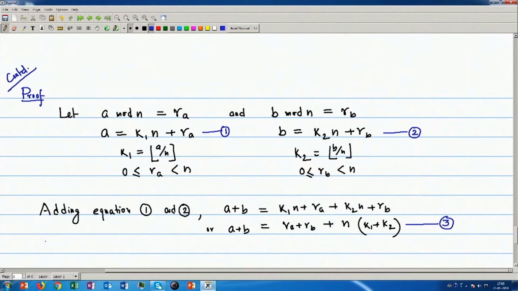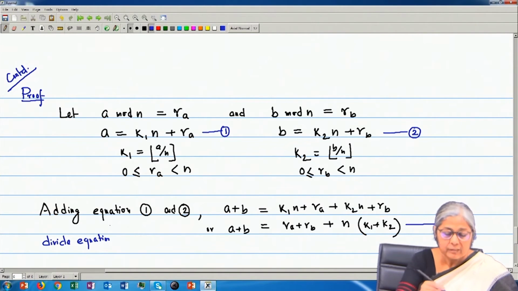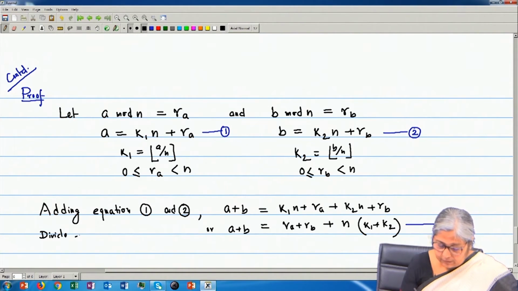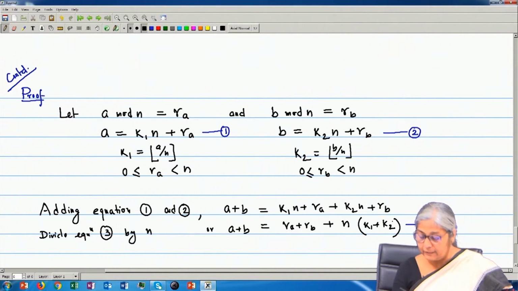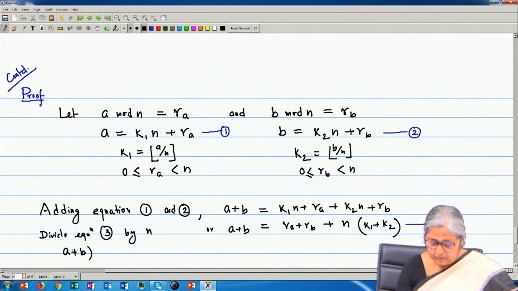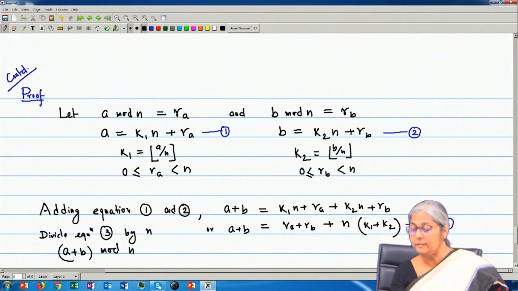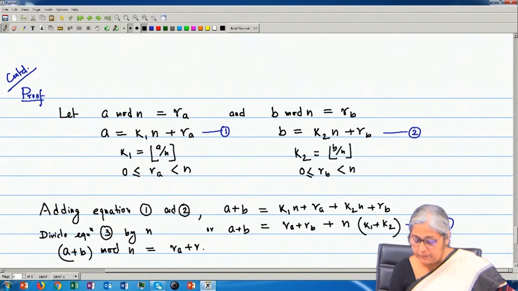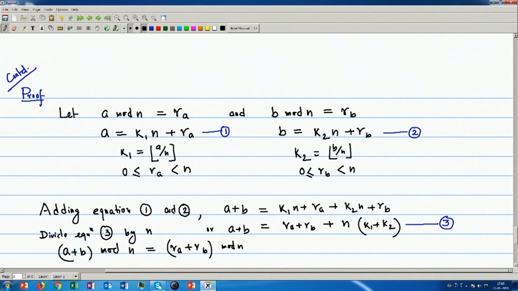If I divide equation 3 by n and take the remainder, the left hand side will be a plus b modulo n, and the right hand side will be r a plus r b modulo n, because here n into k 1 plus k 2 is divisible by n. So, there will be no remainder for this part.